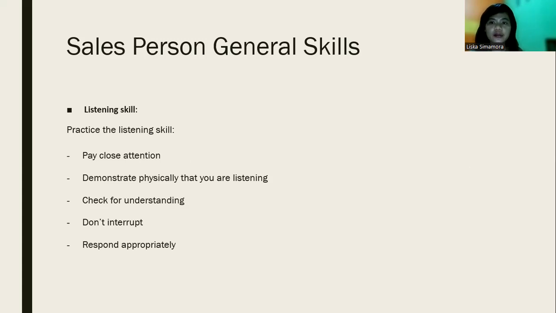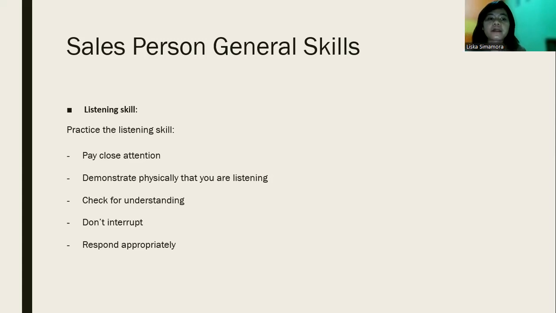And then you have to demonstrate physically that you are listening, such as you nod or you smile, or your facial expression is sad or happy when they tell you a happy story, something like that. Yeah, demonstrate physically.